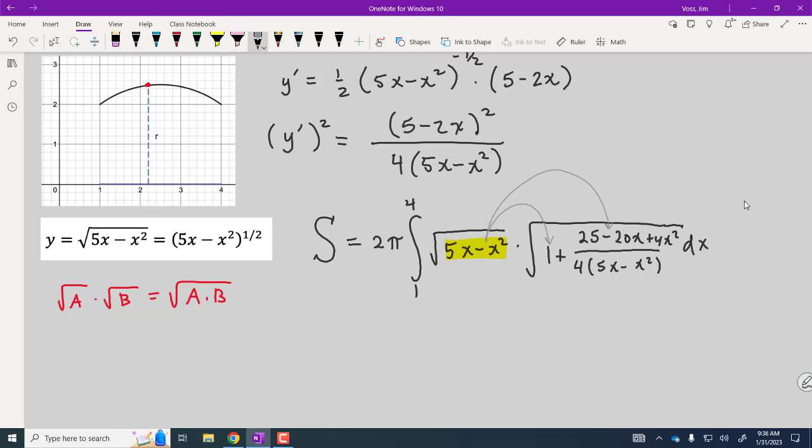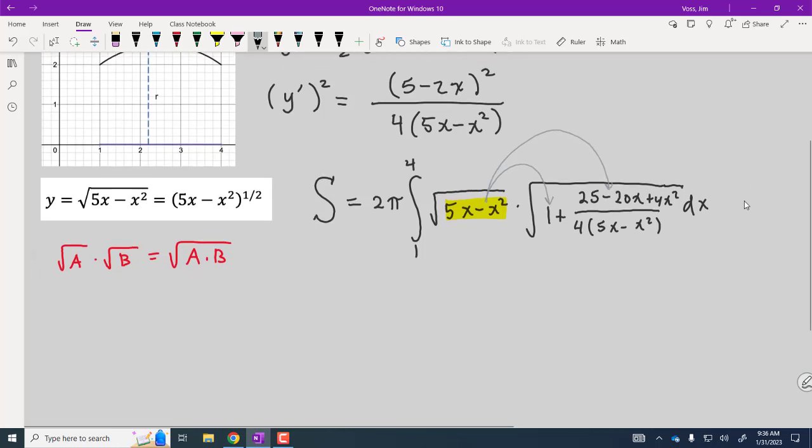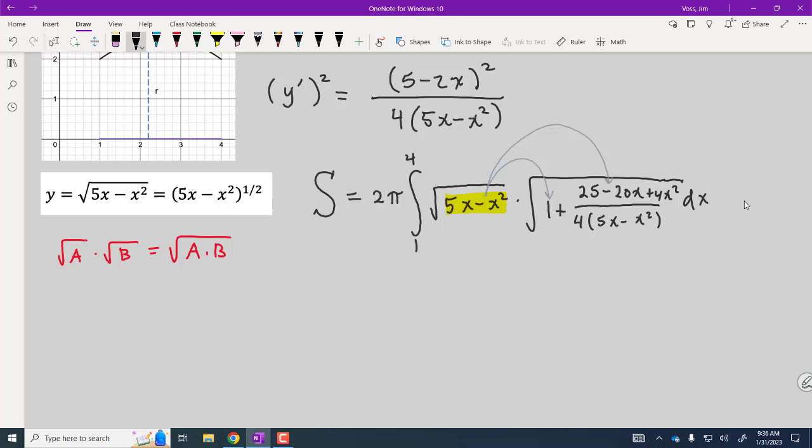And that's a good way to think about it because we see that the 5x minus x squared is going to cancel in the second fraction. We have a common factor there that's going to wipe out. So that'll simplify tremendously. So when we combine our two, we will have one big square root, 5x minus x squared times 1 gives us that.